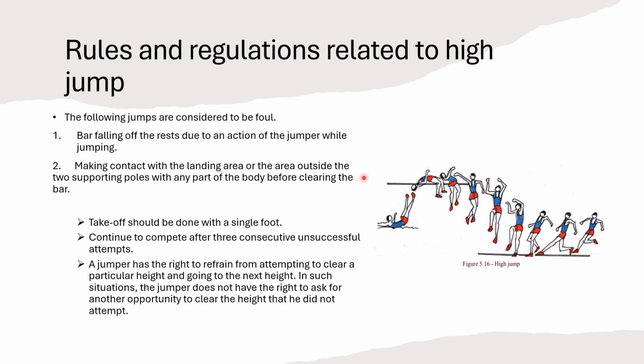Suppose the jumper hasn't cleared the bar yet, but he has made contact with the landing area or the outside of the two supporting poles. There are two supporting poles for the bar. So if he touches any area beyond that before clearing the bar, that is also considered a foul jump.